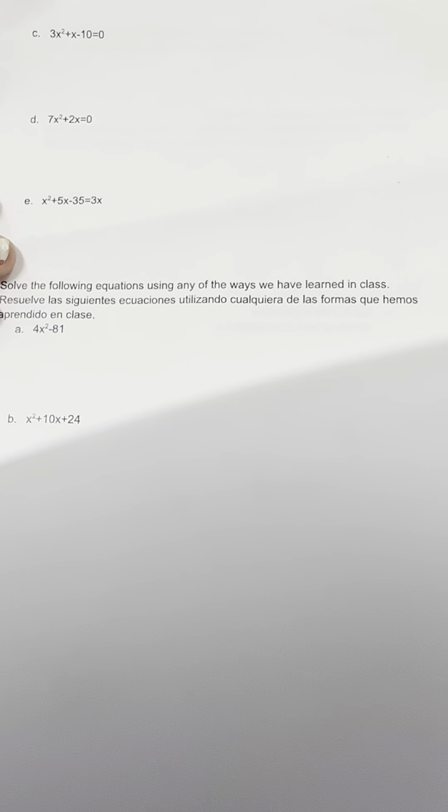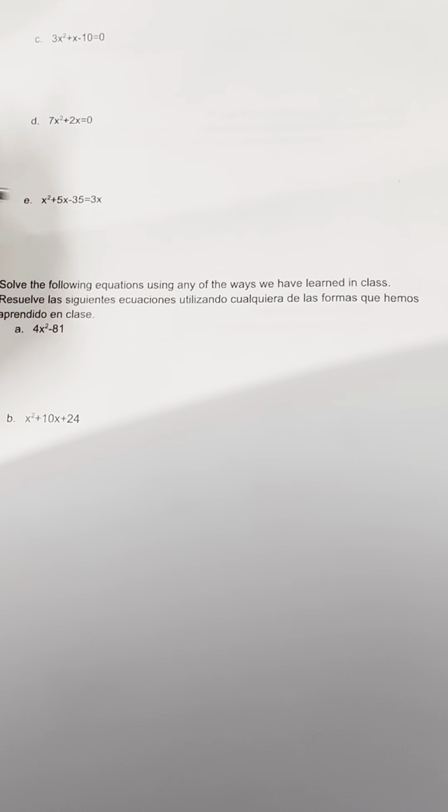All right, so our next problem is going to work very similarly. So we have 3x squared plus x minus 10 equals 0. So my factors of 10 then, hold on, bear with me.